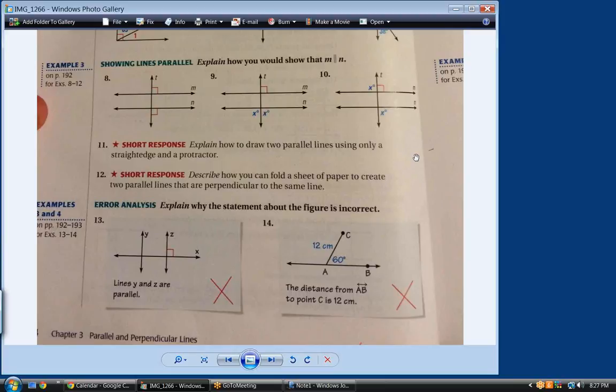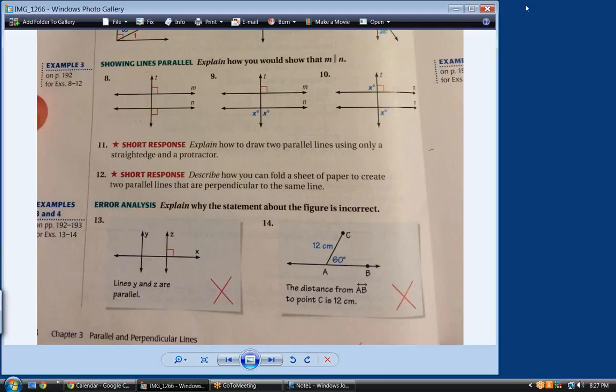Okay, this is a tough one to do online. It says, explain how to draw two parallel lines using only a straight edge and a protractor. Well, you just draw two straight lines that are parallel to each other. It's not as easy as you might think.